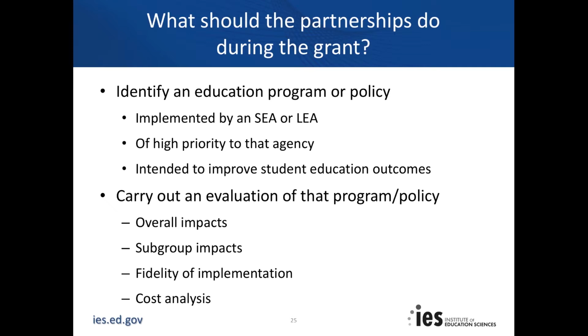So IES is not concerned with any specific area of education. Its concern is that important programs and policies are being evaluated so that state and local education agencies can make decisions based on the evidence from these evaluations.